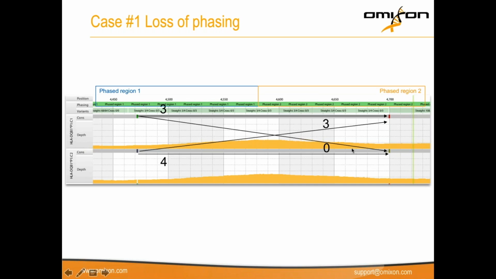On the other hand, cross numbers mean that there are 0 reads having this A nucleotide on the same chromosome like this G nucleotide, and vice versa. There are 3 reads that support that this deletion is on the same chromosome like this A nucleotide. If you compare the numbers, straight versus cross, HLA Twin doesn't have enough data to distinguish between the 2 nucleotide configurations, thus the phasing is lost. This results in a cis-trans ambiguity.